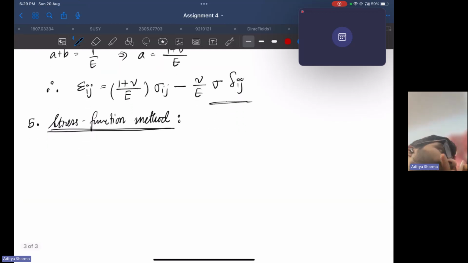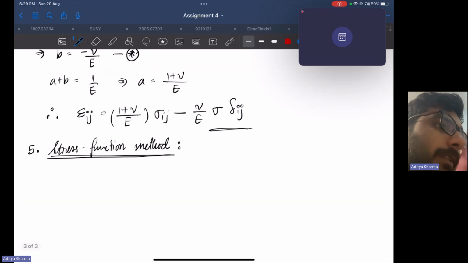The stress function method makes extensive use of this equation: del i sigma ij plus body force in the j direction is equal to 0.